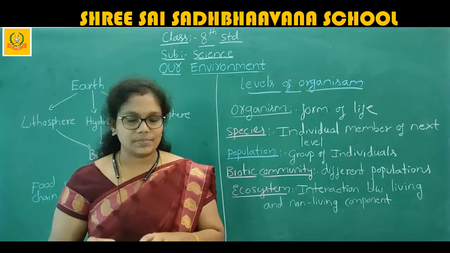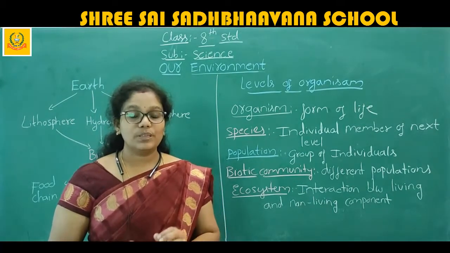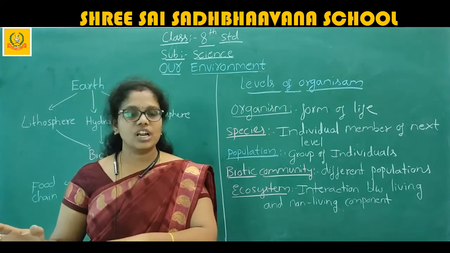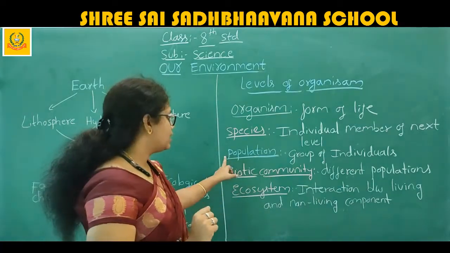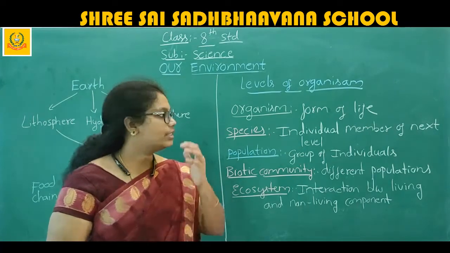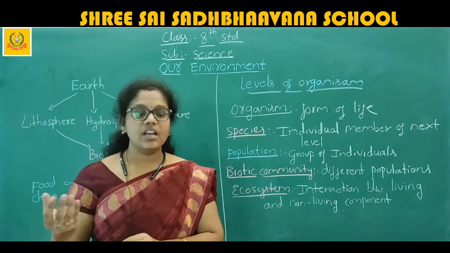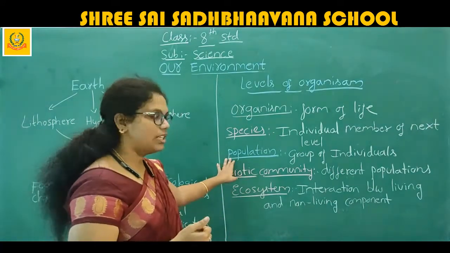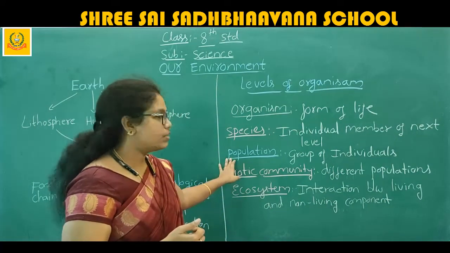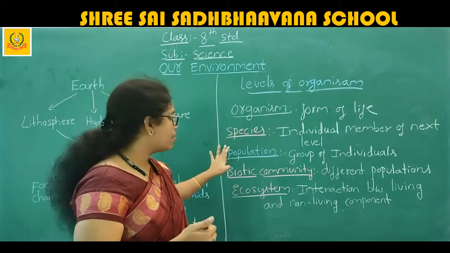The grouping takes place for the respective individuals. The grouping of the respective individual organisms we call a population. Understood these three concepts? Organism, species, population.